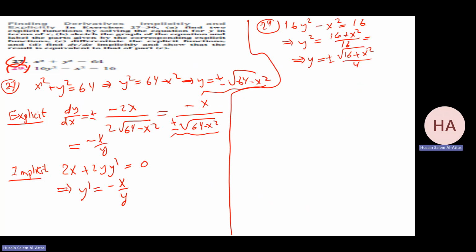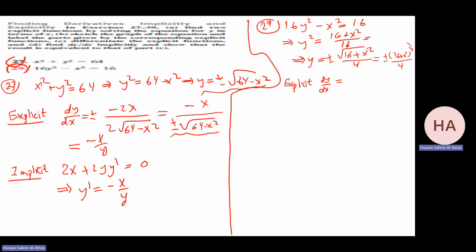I will differentiate it. You have explicit dy by dx will be what? You can rewrite it. So dy over dx will be half by half over 1/8.